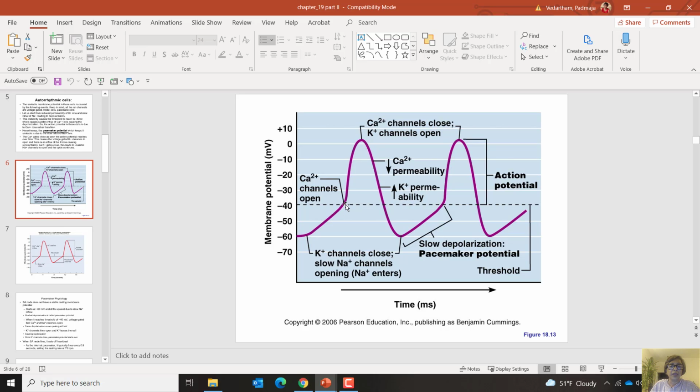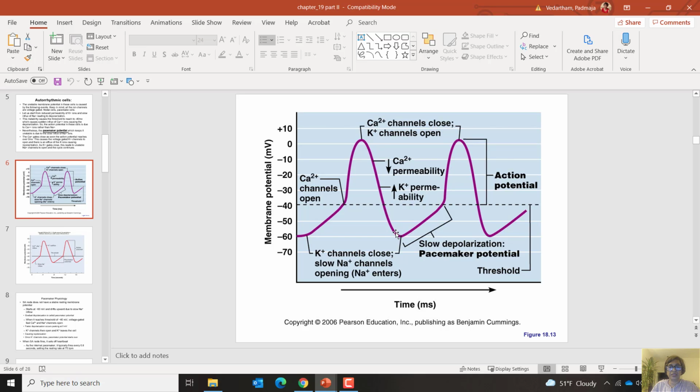At threshold, the sodium gates close, and that opens up calcium gates. So you have an influx of calcium. That is the actual depolarization. And at about 0, the calcium gates close and potassium channels open up. So potassium is going out, making inside negative. It doesn't stop at the resting membrane but keeps going, because it leads to hyperpolarization.